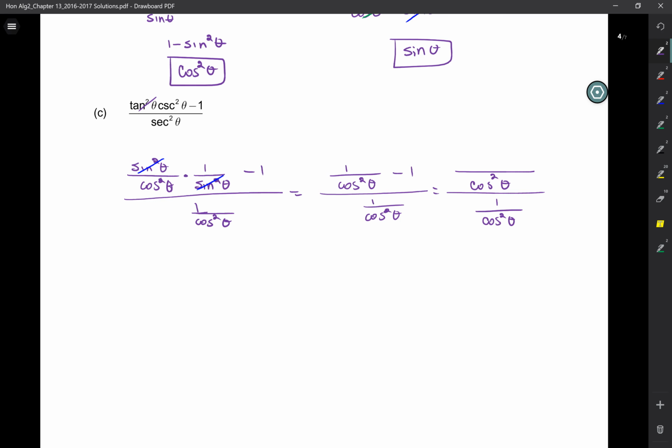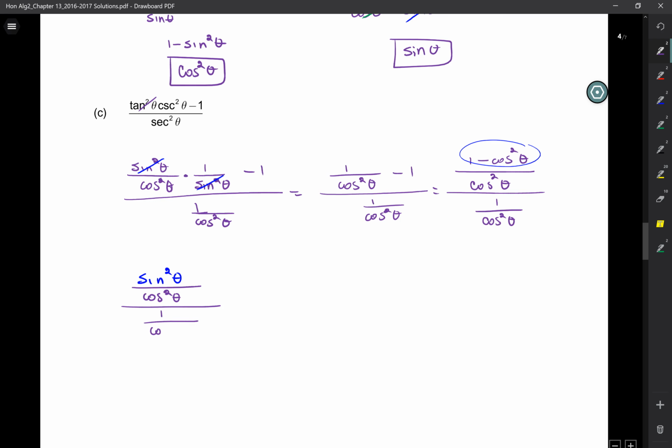It's a little bit more complicated, so you can't do that. Let's do it this way. This will be 1 minus cosine squared theta. Is that right? Okay. Now, what's 1 minus cosine squared theta? Sine squared theta over cosine squared theta over 1 over cosine squared theta.